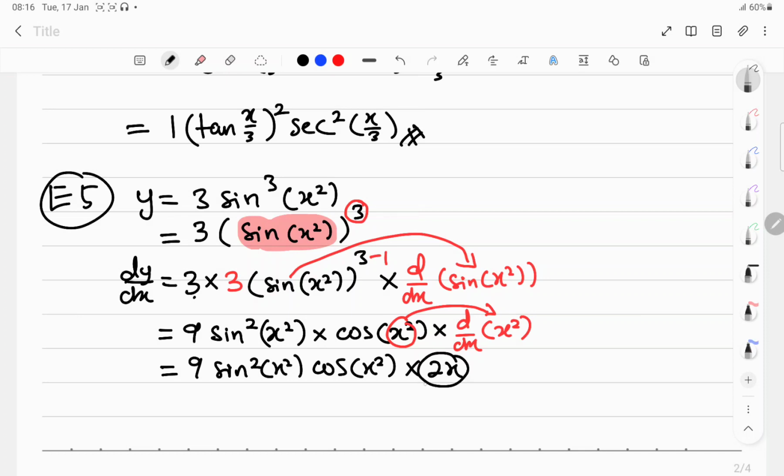Don't forget, this 2x cannot go over here. We have to do it over here, multiply it in front over there. So the final answer is 18x sine squared x squared cosine x squared.